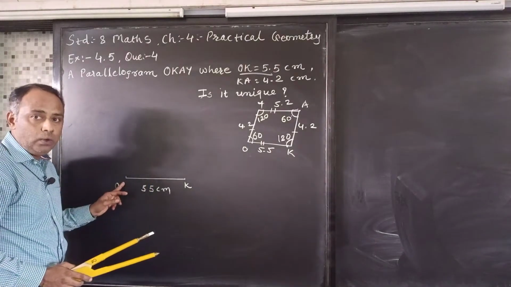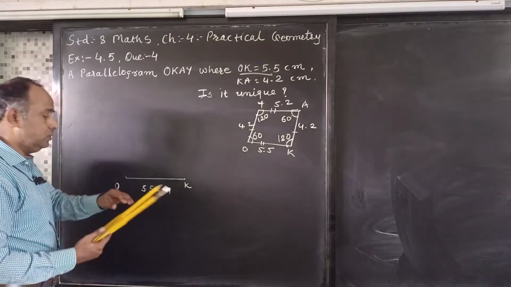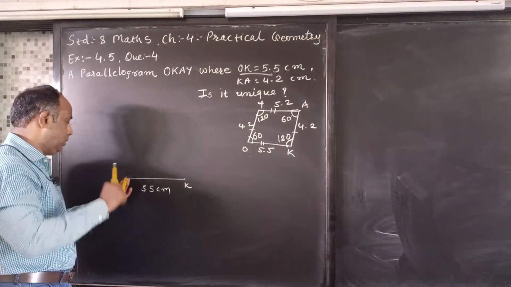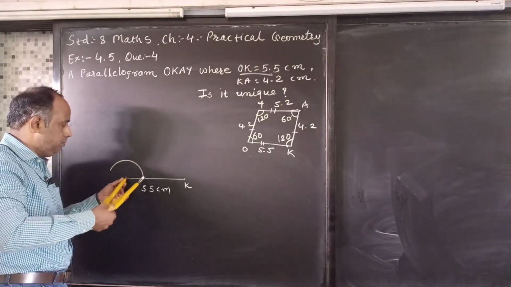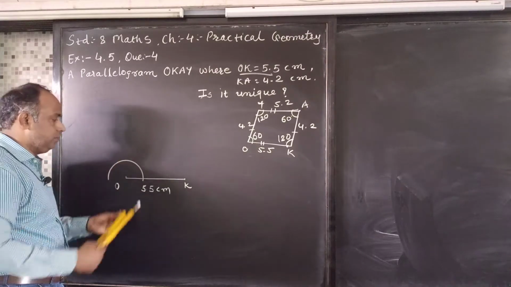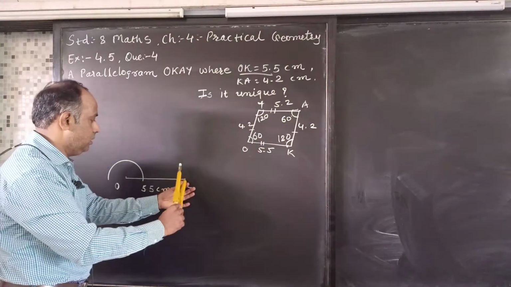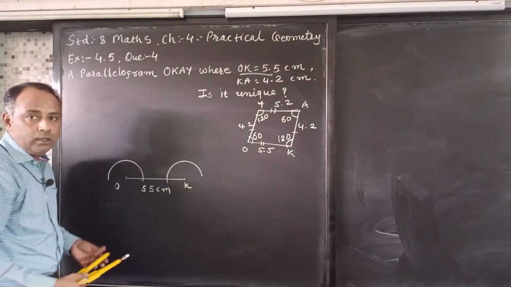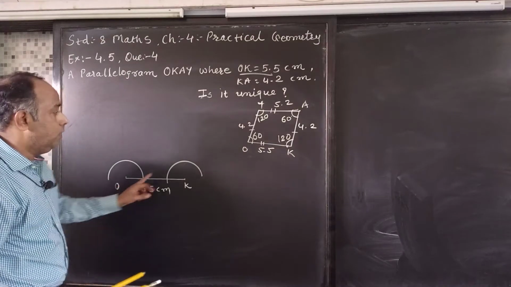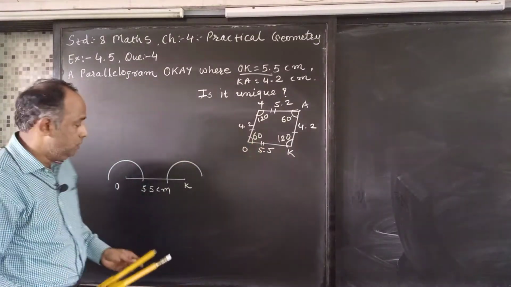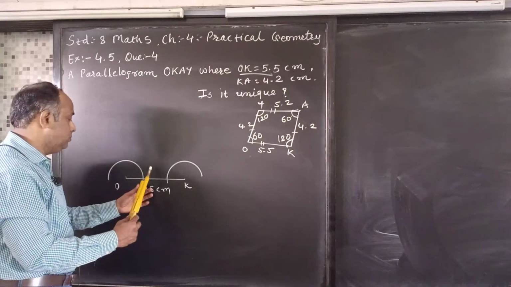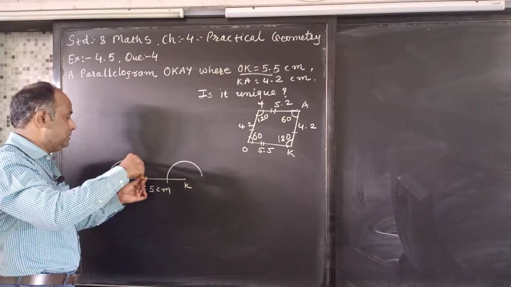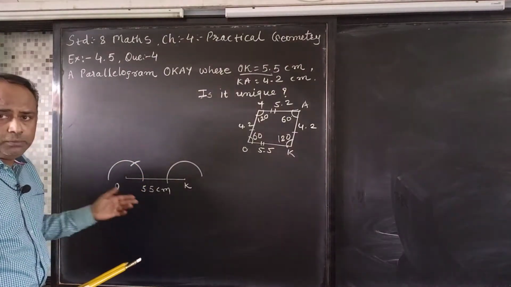So here at O, I am going to construct an angle of 60 degree. I'll take an arbitrary radius, keep this pointer at O, and just form a semicircle like this. With the same radius, again at K, I'll take the center and create a semicircle like this. Now at O, I'm going to make an angle of 60. I'll keep this radius same, and this is the 0-degree angle, and I'll just cut an arc on the semicircle.